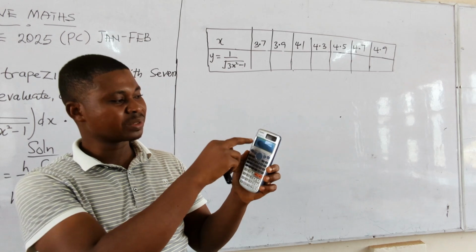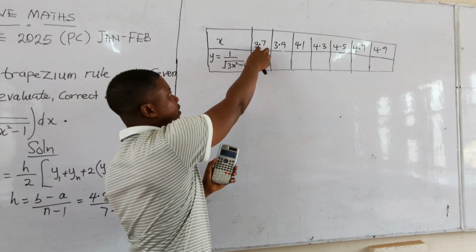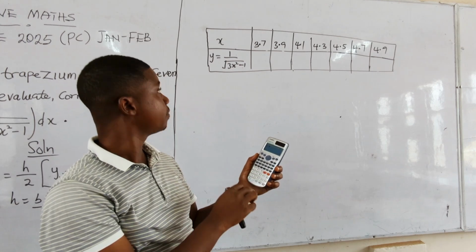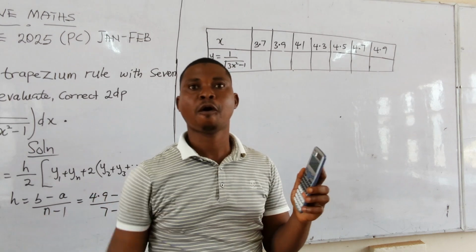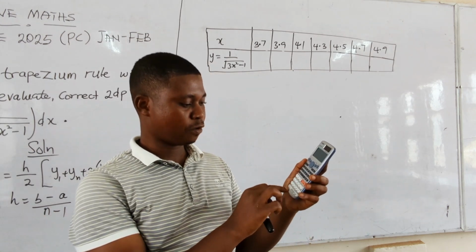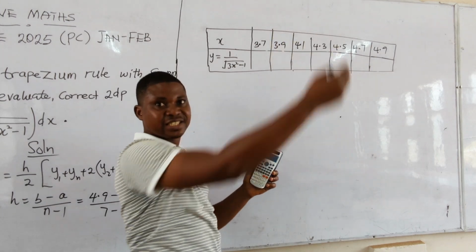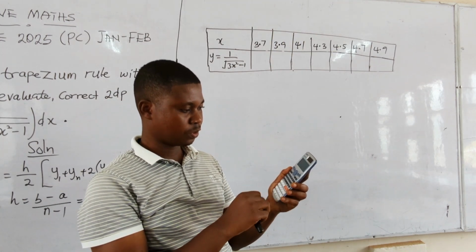When you go to equal to, you start with a question mark. Where does it start from? Start from 3.7, and it ends at 4.9, and the step gives you the interval. The step with this one is 0.2.